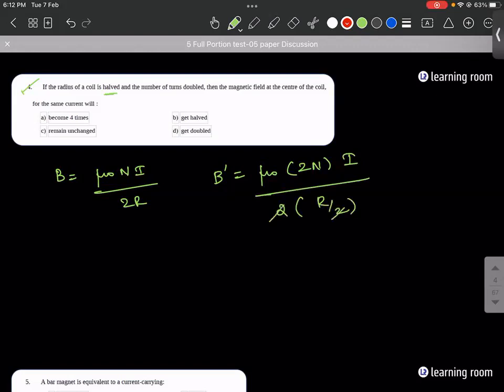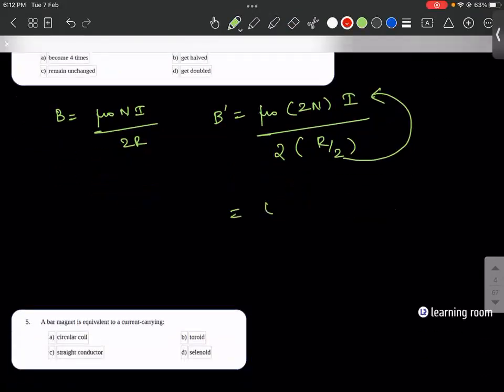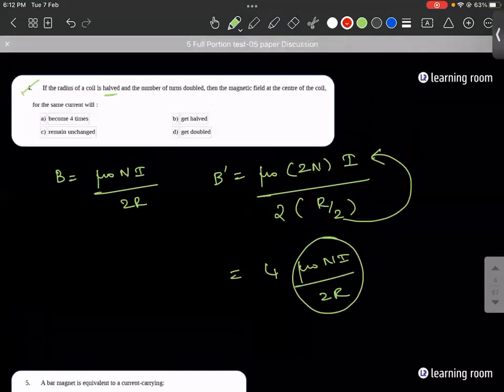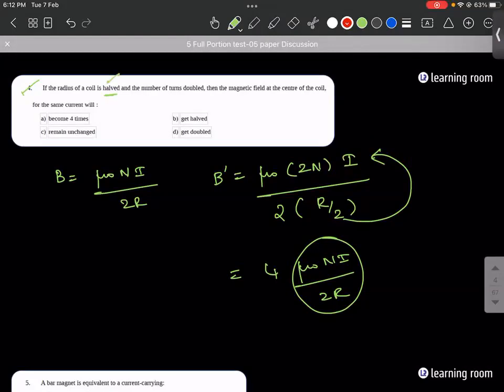This and this will get cancelled. This 2 is there. No, this will go to the numerator. So 4 times mu naught Ni divided by 2R. Accepted? So what will be the answer? Yes, becomes 4. If the radius of the coil is halved and the number of turns doubled, then the magnetic field at the center of the coil for the same current becomes 4 times.